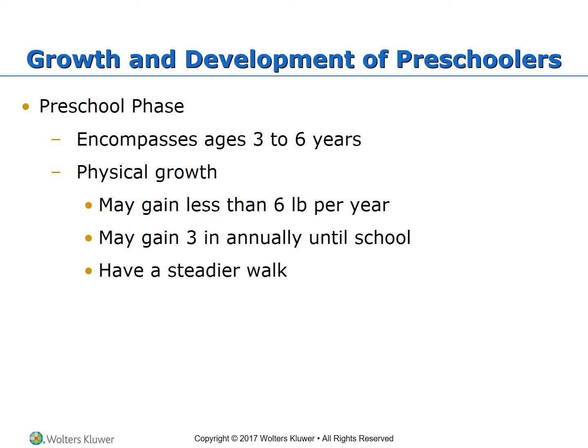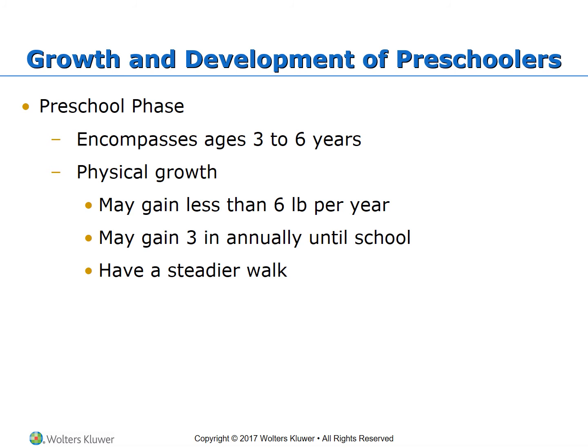Preschoolers, ages 3 to 6 years. Curiosity during this phase is rampant, imagination is vivid, and they may exhibit aggressive behaviors. Physical growth, they may gain less than 6 pounds per year. Usually it's about 3 to 5.